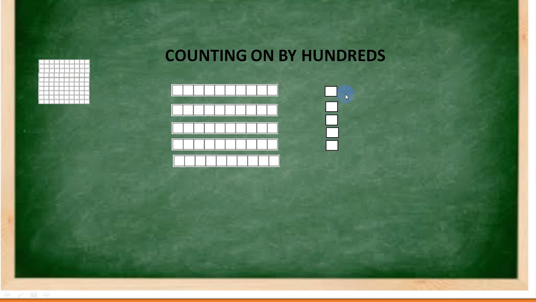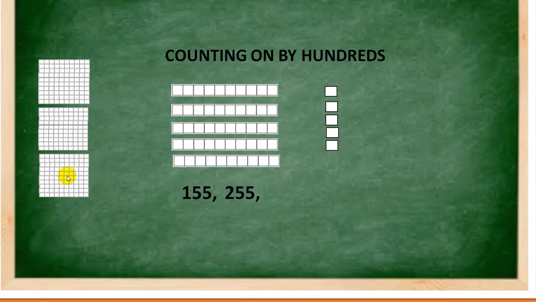Next, counting on by hundreds. First, we got 1, 5, 5, 155. Okay, 100 plus 50 plus 5 becomes 155. We add one more hundreds, and it will become 2, 5, 5, 255.